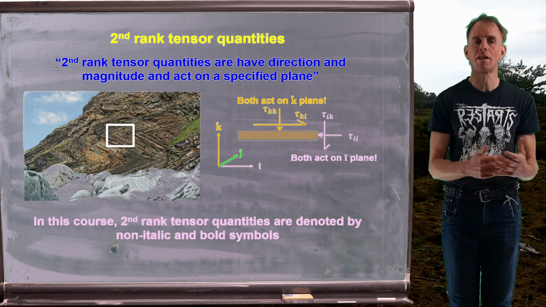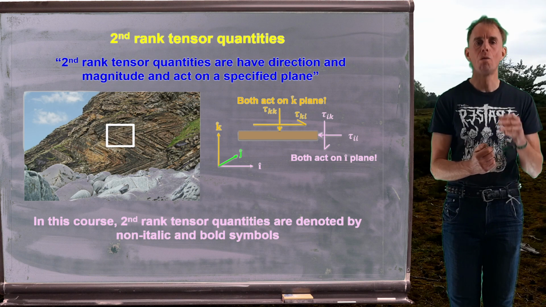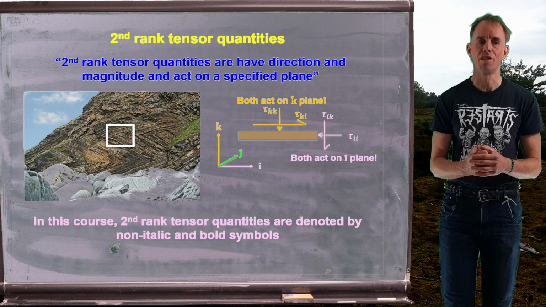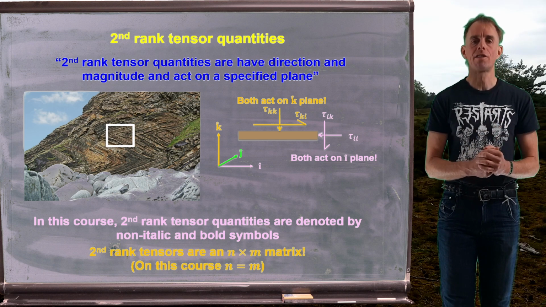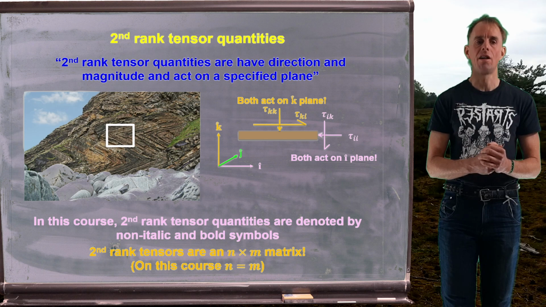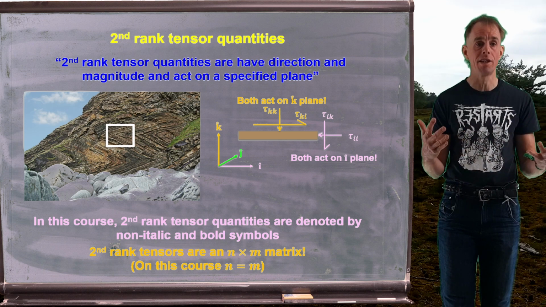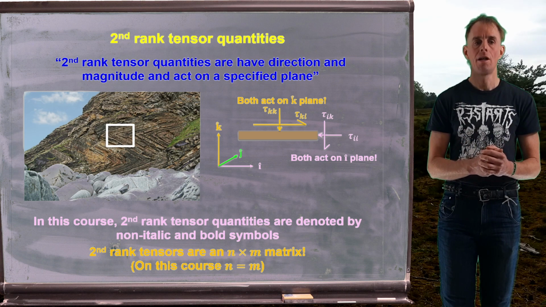So this can be a little confusing at times, but you'll soon learn to recognize which quantities are vectors and which quantities are second-rank tensors. So all the second-rank tensors we'll see on this course are n by n matrices, but there's nothing to stop us from having a tensor that's n by m, but we won't be worrying about that.